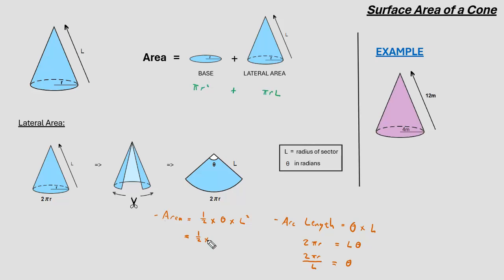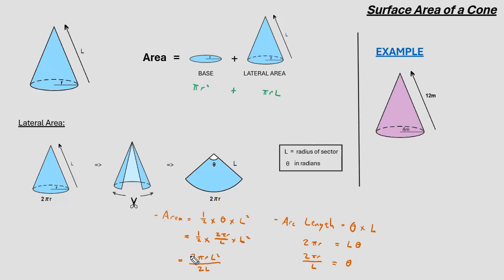So we have a half multiplied by 2 pi r over L multiplied by L squared. And if we multiply these terms together, we get 2 pi r L squared on the top line, and we get 2L on the lower line.